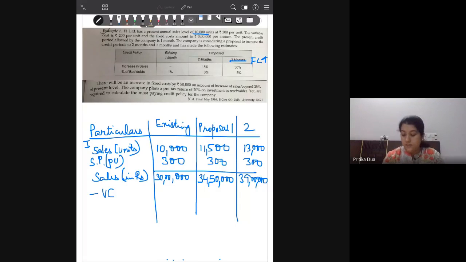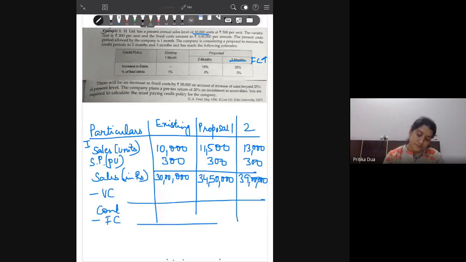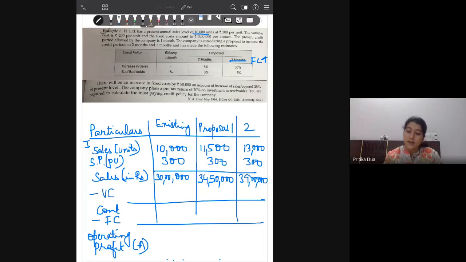Less the variable cost will give you contribution. Okay, so next we calculate the variable cost, which is 200 per unit.